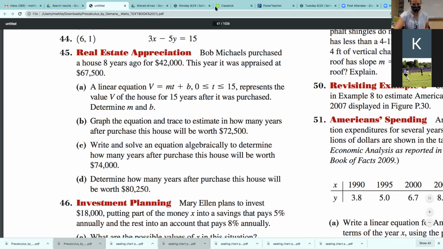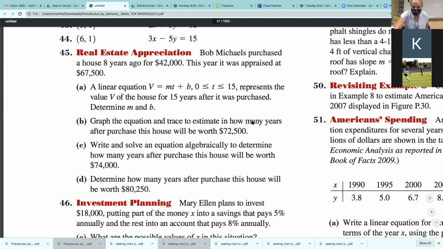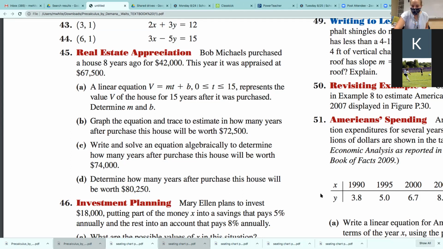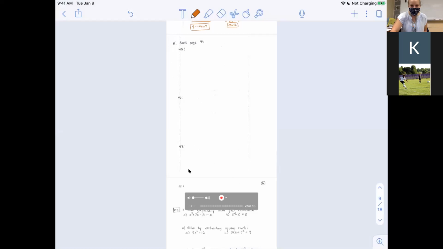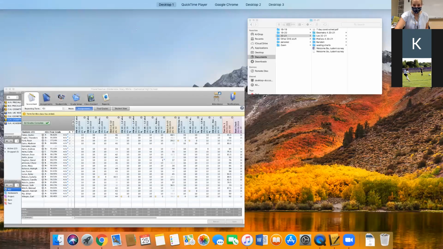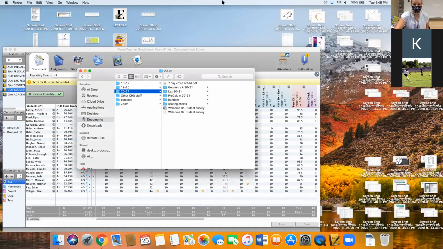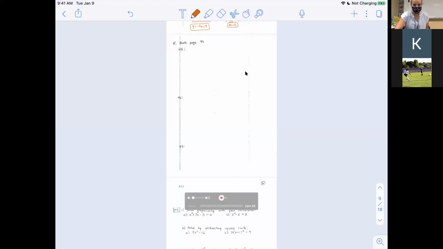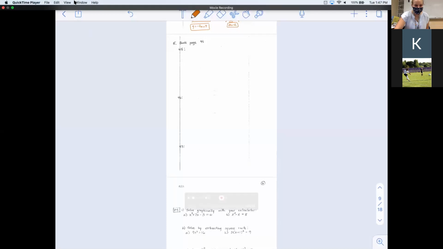Can I switch what I'm sharing? Let's try this. I'm gonna get a little crazy. Okay. Now you guys see grade books. That's not really great. Let's make this guy smaller.